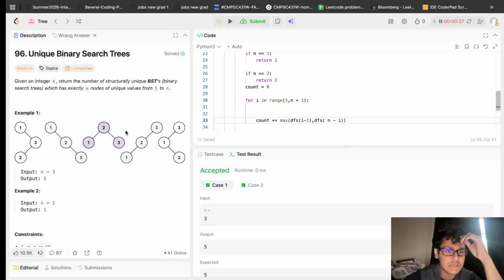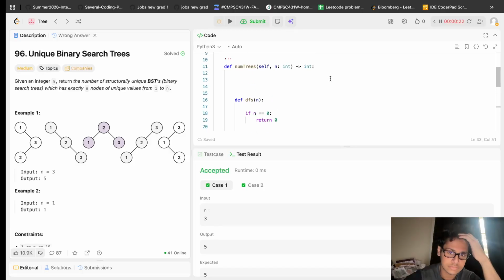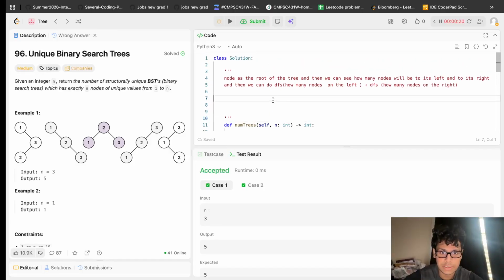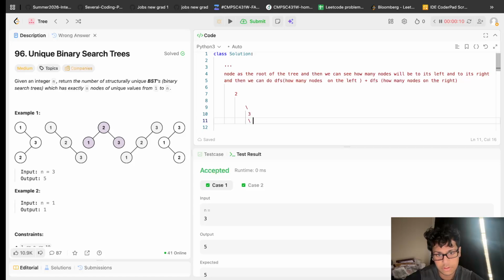Let's do 2, and we have 4 nodes. So how many nodes can the tree with root as 2 contribute to? 3, 4.